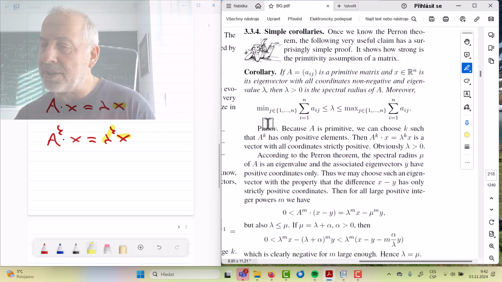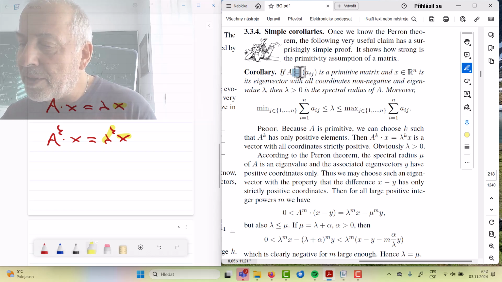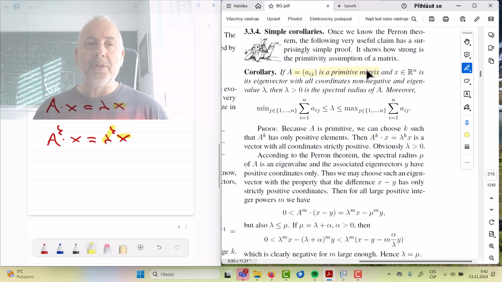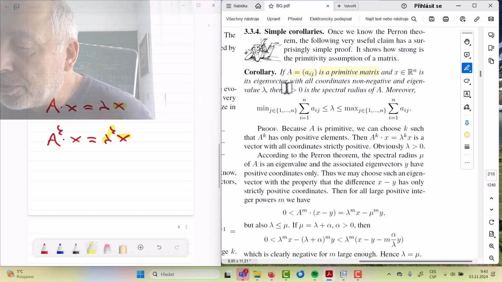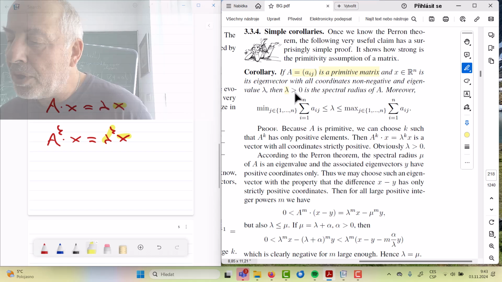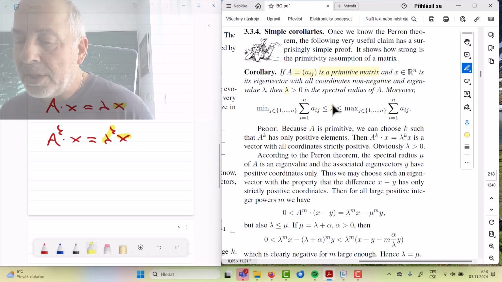Corollary number 1 is that if you have a primitive matrix and if you take any eigenvector with all coordinates positive, then it must be the dominant one, and the spectral radius lambda bigger than 0 must sit between the sums.